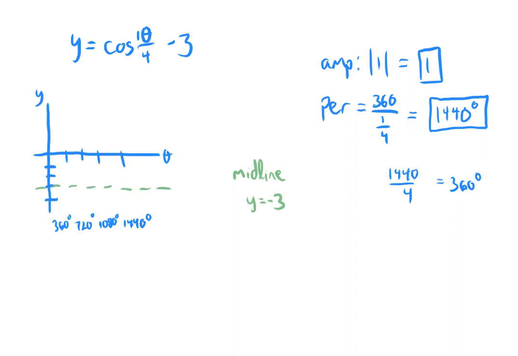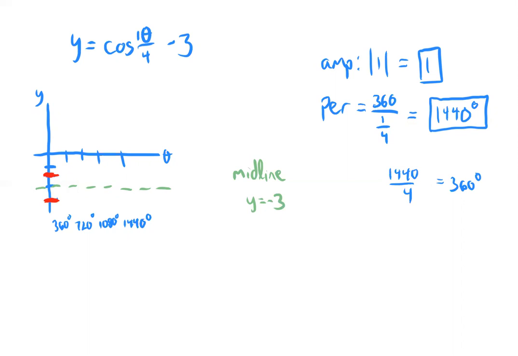So that's called your midline. It's the horizontal line that is kind of like, it's in between the highest point and the lowest point. Because the amplitude is 1, I'm gonna go up 1 and down 1 from the midline. So the entire graph is gonna be between those 2 red highlighted lines.